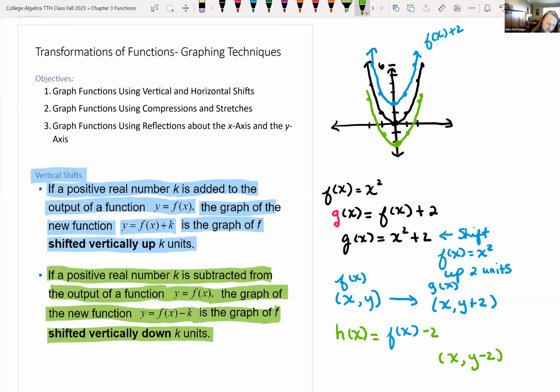So this just shifts my graph of f of x down 2 units. Okay, so adding or subtracting a number outside of a function affects it vertically.